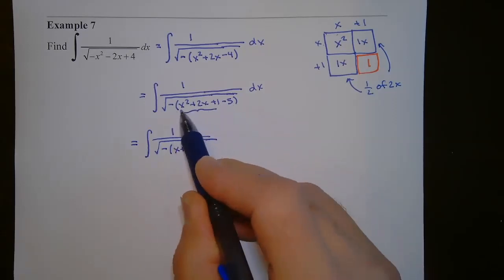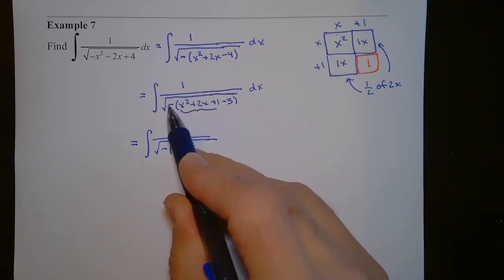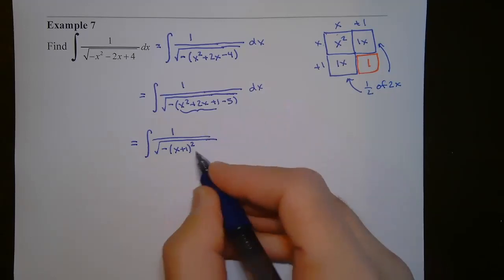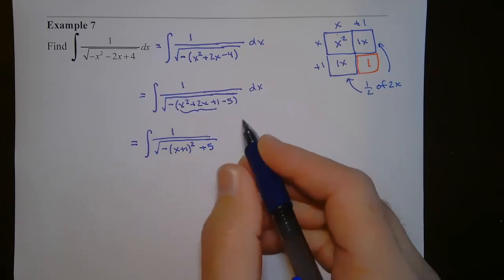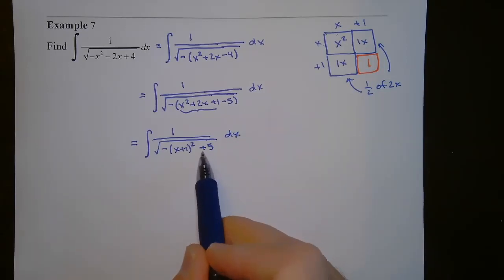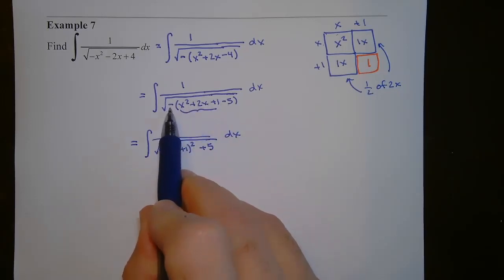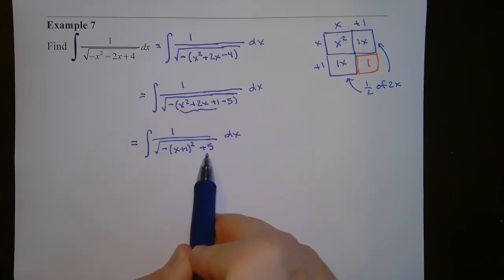We have these three pieces that make up the x plus 1 squared, but we still have this negative of -5, right? So that would be +5. So that's why we're going to put +5 right here. And then dx. And again, how did I get that +5? Well, it's -5 in the parentheses, but there's a negative on the outside, right? So that's taking the opposite of -5, which is actually +5.